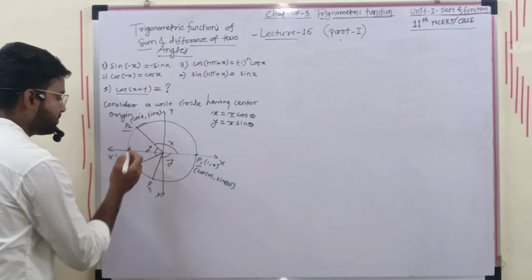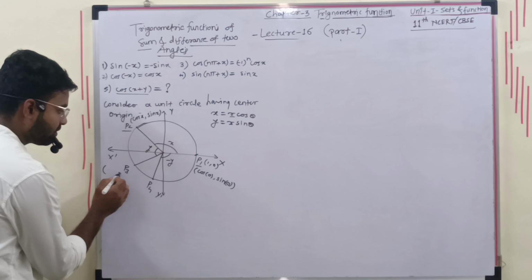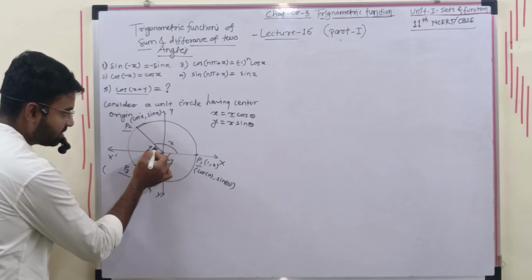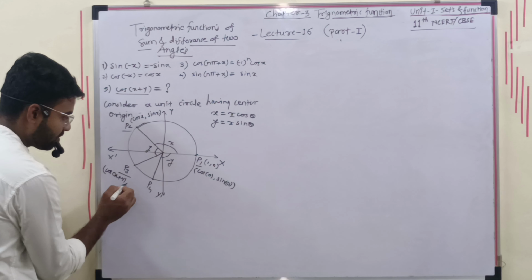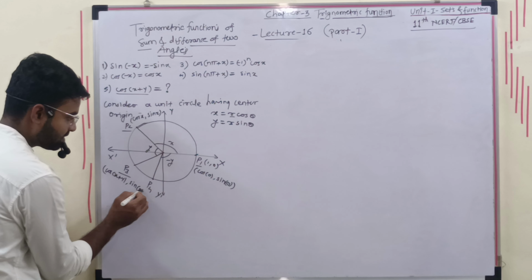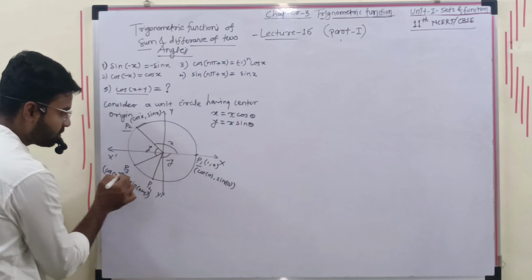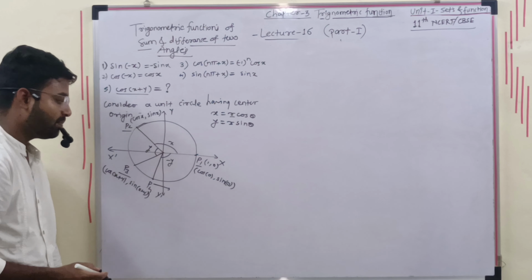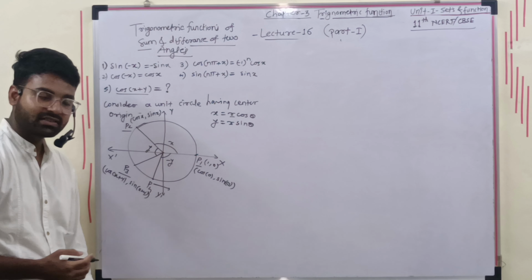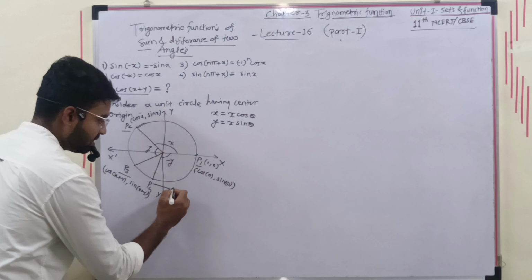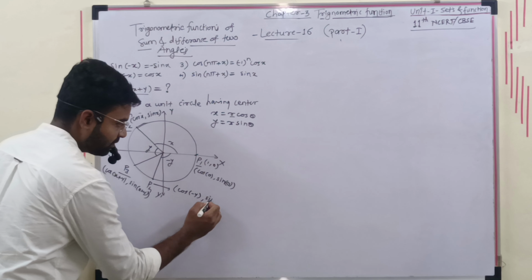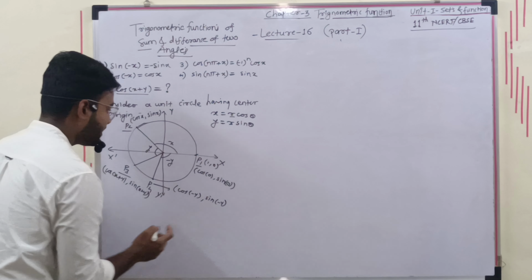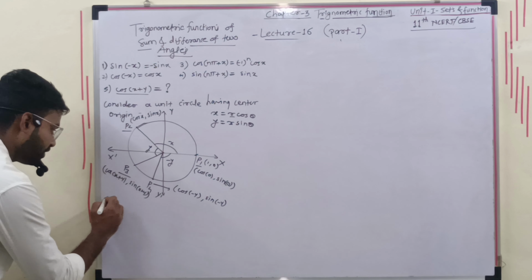For P3 this is angle x plus y, so cos of x plus y, sin of x plus y are the coordinates for P3. Similarly for point P4, this made an angle minus y with the x axis, that's why it is cos of minus y, sin of minus y.